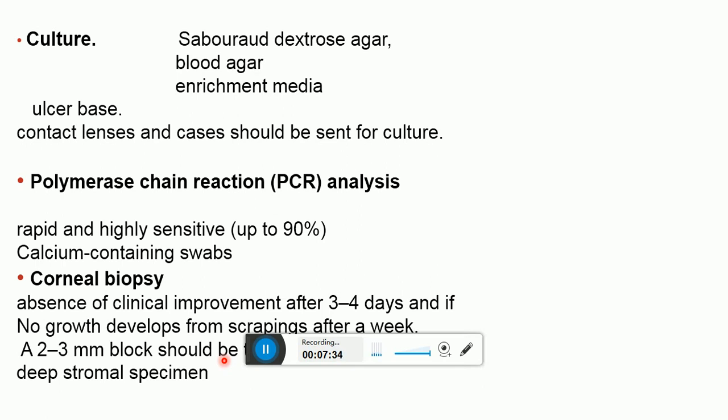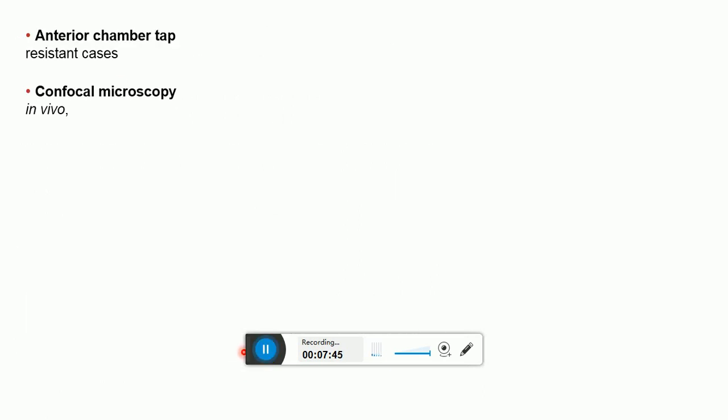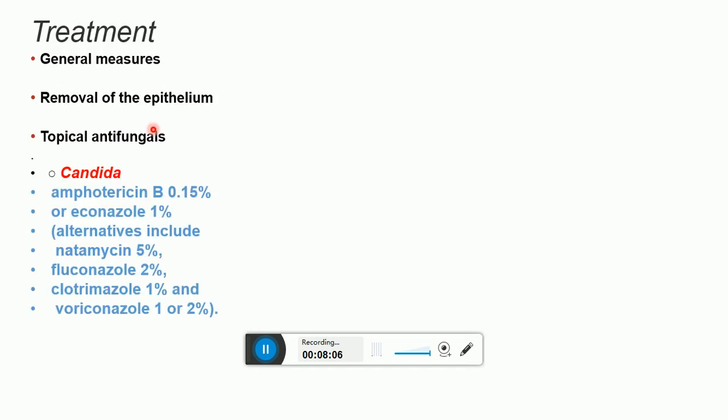Filamentous fungi tend to proliferate just anterior to Descemet membrane, so a deep stromal specimen may be required. The excised block is sent for culture and histopathological analysis. Anterior chamber tap has been advocated in resistant cases with endothelial exudates because organisms may penetrate the endothelium. Confocal microscopy frequently permits identification of organisms in vivo but is not widely available outside tertiary centers.